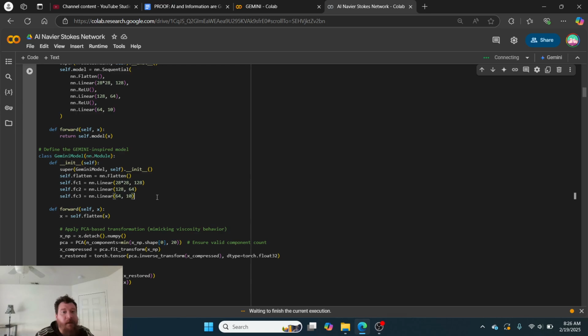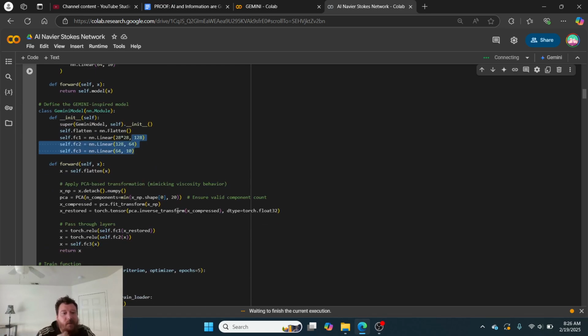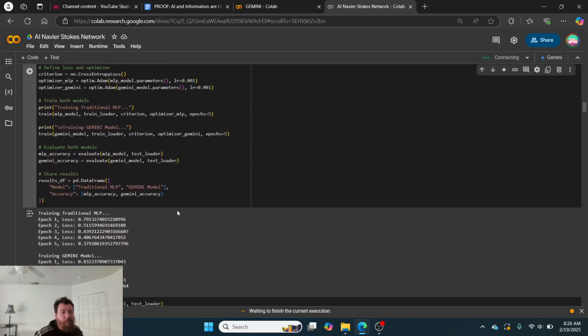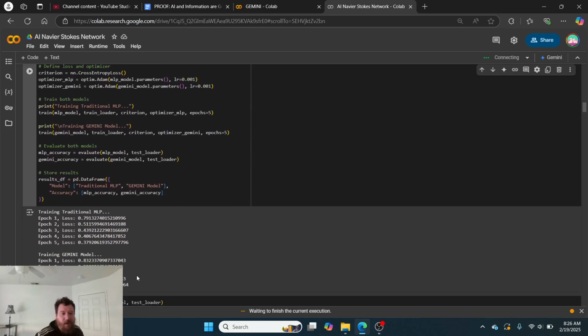I take the GEMINI framework that I've established from there, and I essentially directly correlate the GEMINI data framework into a model. So I apply PCA-based transformations to mimic viscosity as it passes through the layers. I try to make PCA act like diffusion in this, flat out, right? And then see how that works, just as a base test, a simple test, just to see how this goes.